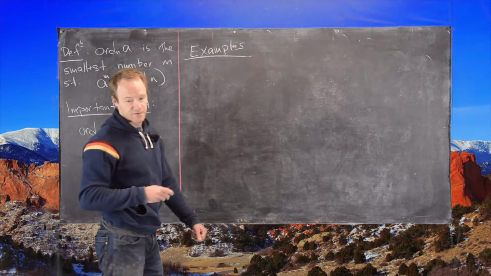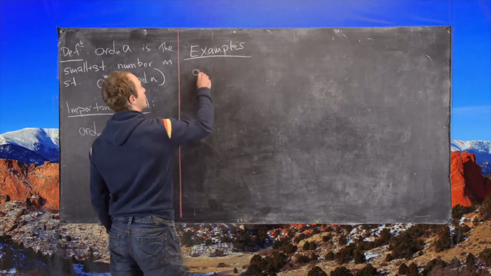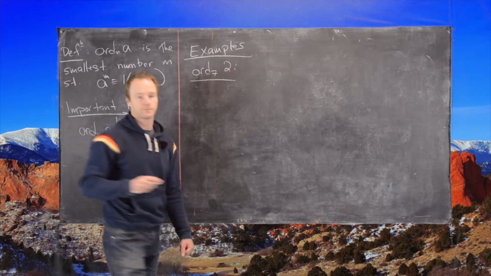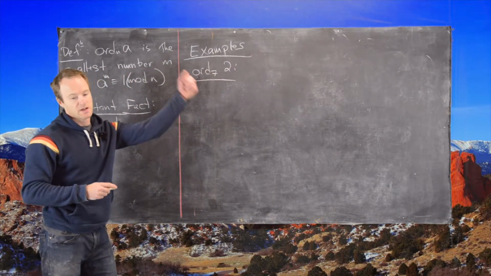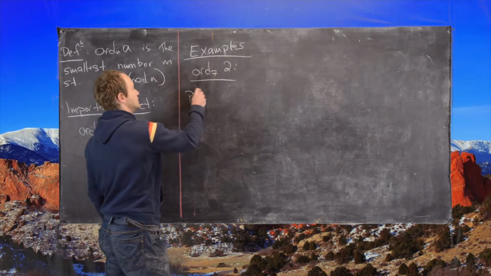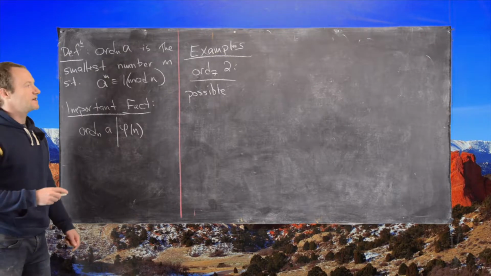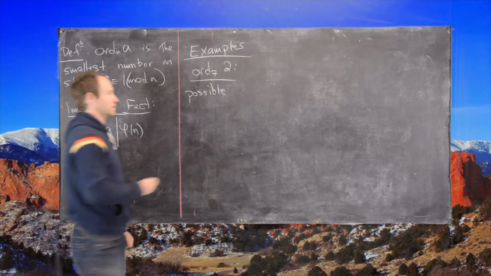And so let's first look at the order mod 7 of 2. The first thing that we're going to use is this very important fact to calculate the possible orders.